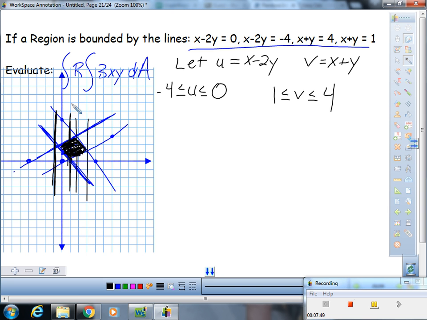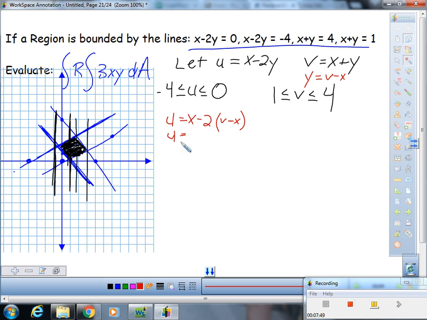We do not. So we need to take u equals x minus 2y and plug in what y is in terms of x and v. So what is y in terms of x and v? y equals v minus x, right? So now we substitute v minus x.